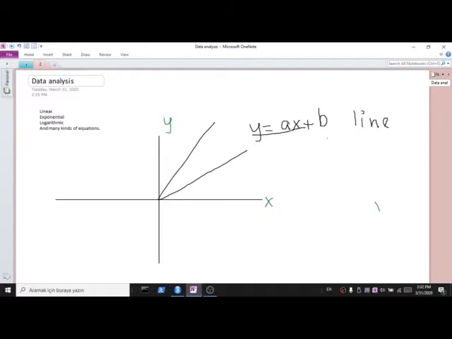There is no exponential term within this. And what is the aim of putting a line within this equation? The aim is to predict the next y element from the x element. And of course there is some slope, there is the starting point, the intercept, and other parameters of the equation.